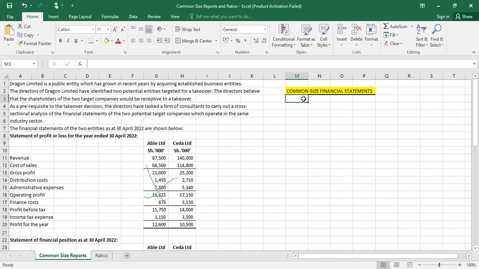But these are simply financial statements prepared together with, let me call them percentage ratios, for each line item in the financial statement.